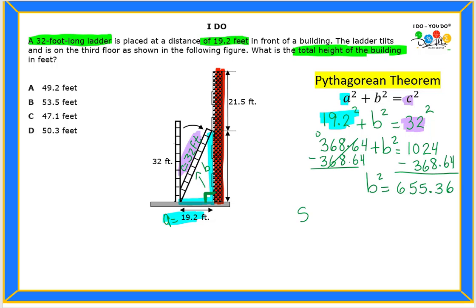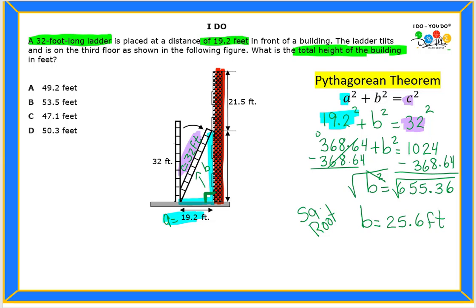So I need to find the square root of that number. Let's find the square root on both sides. That cancels my power, and I get b equals 25.6, and the units that we are using are feet. So that will be feet.